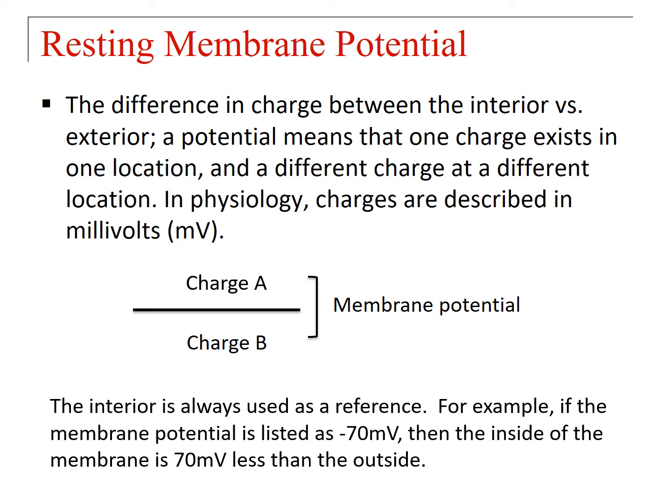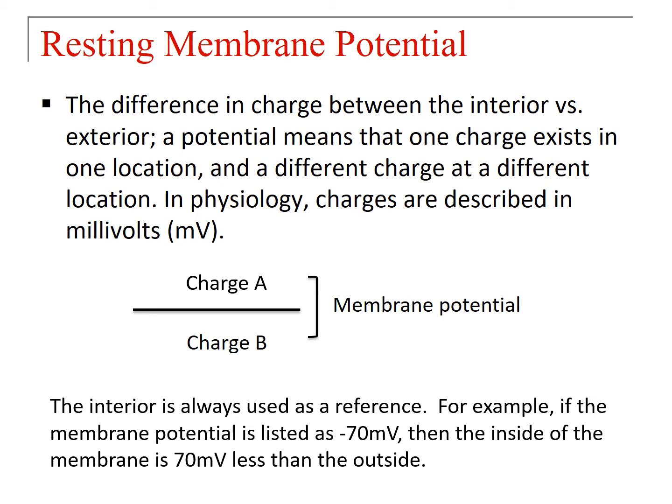So if charge B is 70 millivolts less than charge A, then you're just going to describe the membrane potential as negative 70 millivolts. If charge B was 90 millivolts less than charge A, then you would describe the membrane potential as negative 90 millivolts. So when you talk about membrane potentials, you are always talking about the inside as compared to the outside.